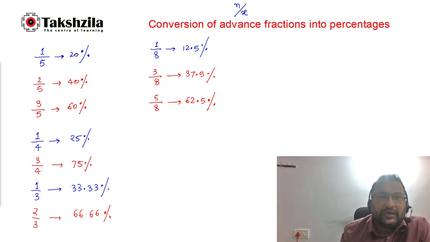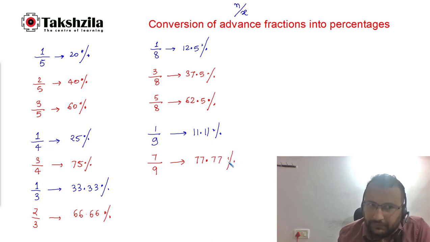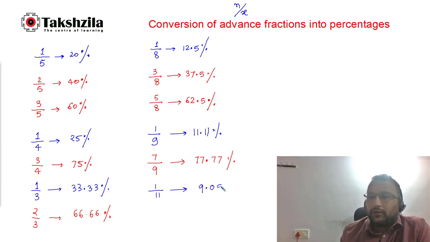After this, similarly, if I get 1 mark out of 9 marks, this is easy. I will get 11.11%. And if I get 7 marks out of 9 marks, I will be getting 11.11 into 7, that is 77.77%. Similarly, if I get 1 mark out of 11 marks, I will be getting 9.09%.